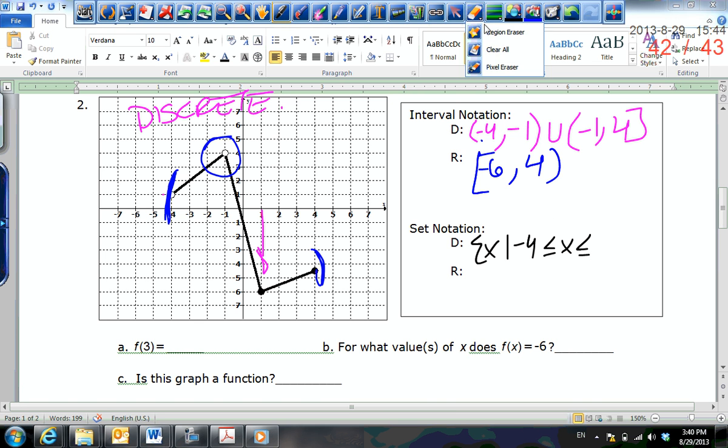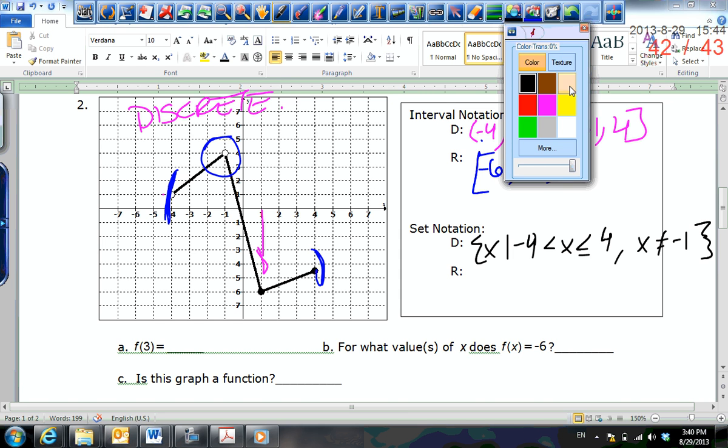Should just be less than. And then we're not going to include what numbers? -1, right? Sorry, Russ, what did you say? Where our domain starts at -4. Oh, I thought it said +4. My bad.